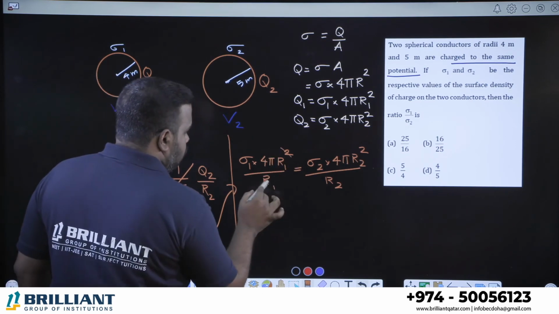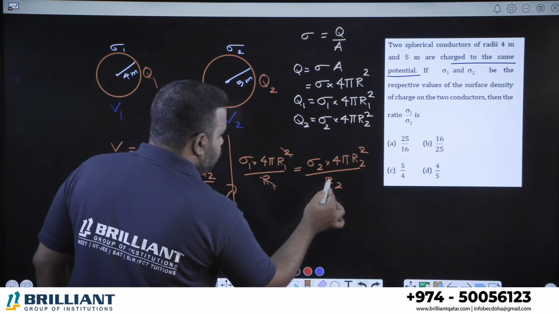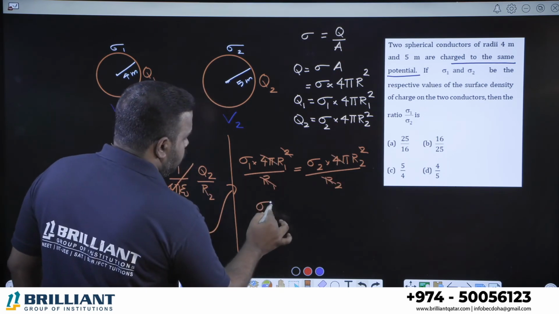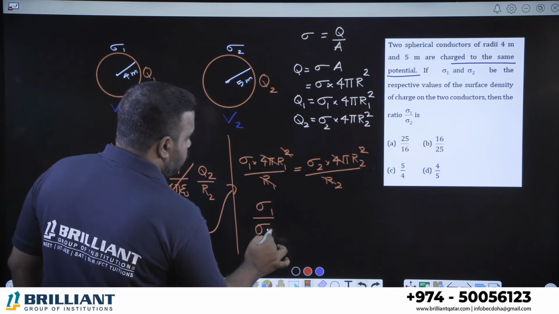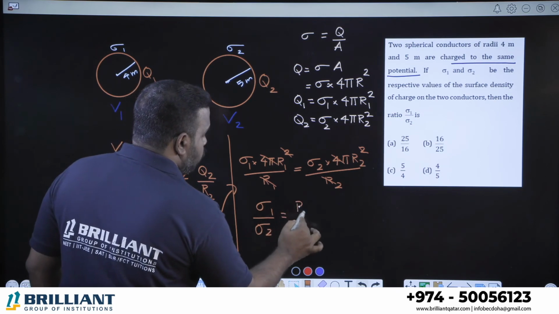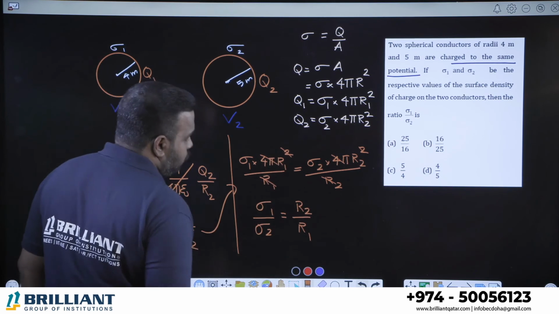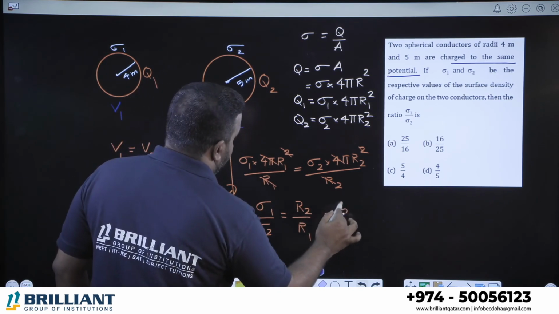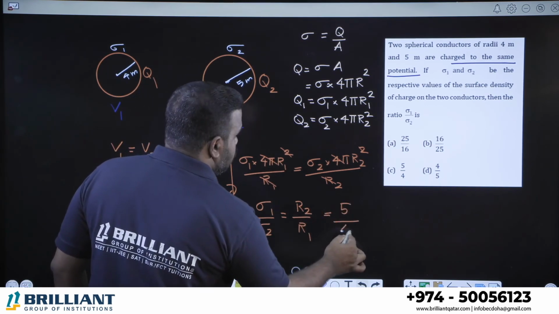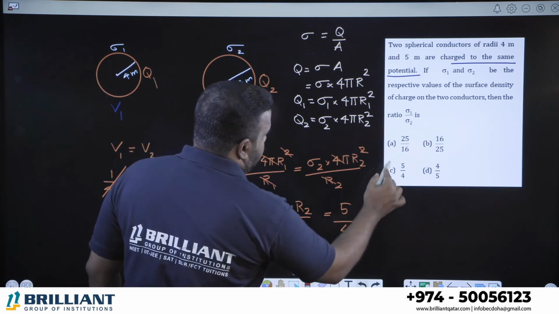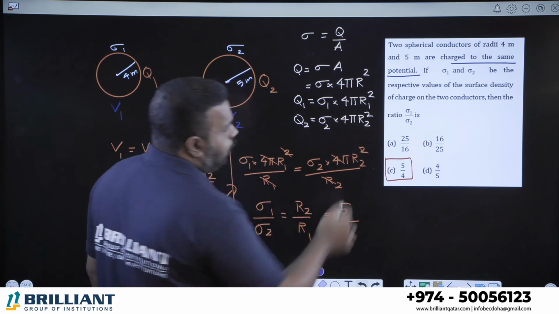So 1 r1 will be cancelled, 1 r2 will be cancelled, 4 pi will be cancelled. Then what will be sigma 1 by sigma 2? Which is equal to R2 by R1. R2 is the radius of the second one. You can see it is equal to 5 divided by radius of the first one, it is 4. So it is 5 by 4. The answer for this question is 5 by 4.